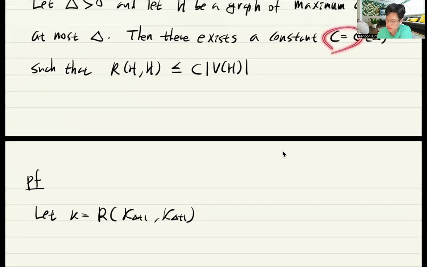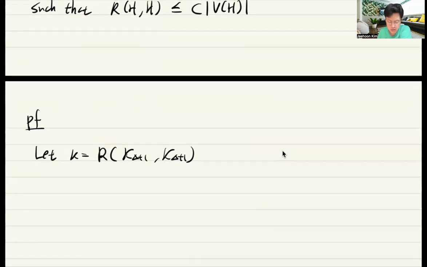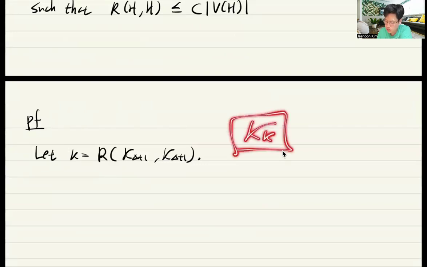Then still this is a function depending on delta, which is just a constant. And this is the Ramsey number. In other words, if you have K_k, no matter how you color the edges with red or blue, you will be able to find a K_{delta+1}.